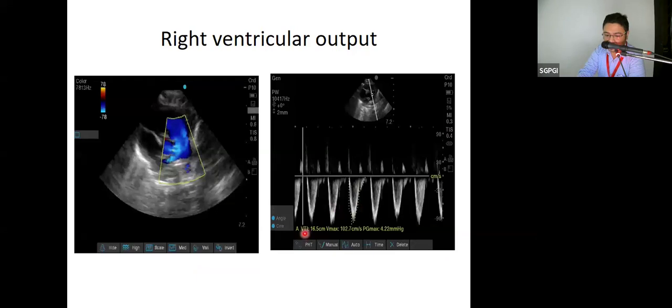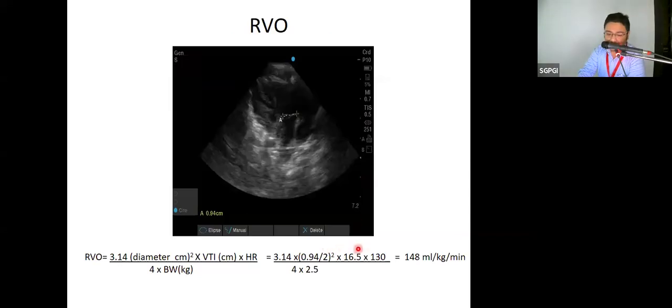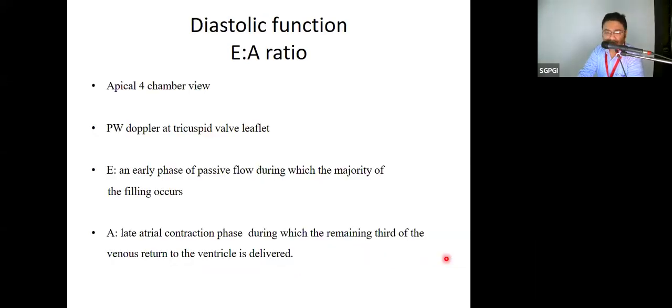As you can see, the VTI is 16.5. This measurement, VTI 16.5, into the heart rate, if we assume the baby has a heart rate of 130 at that time, divided by the weight, comes out to be 148 ml per kg per minute. So this is in the normal range. Usually it is around 150 to 300 ml per kg per minute.